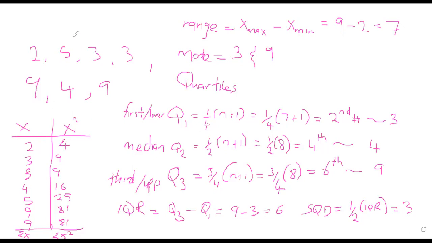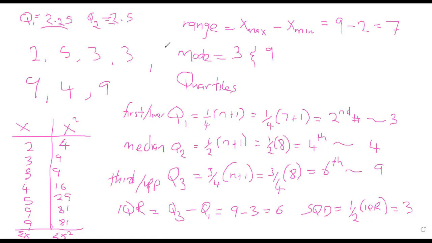So for Q1, Q2, Q3, suppose our n was 8. 8 plus 1 is 9. If your Q1 position is 2.25, you round off to the nearest figure, which is 2. If our Q2 was 2.5, you add the second and the third number and divide by 2.